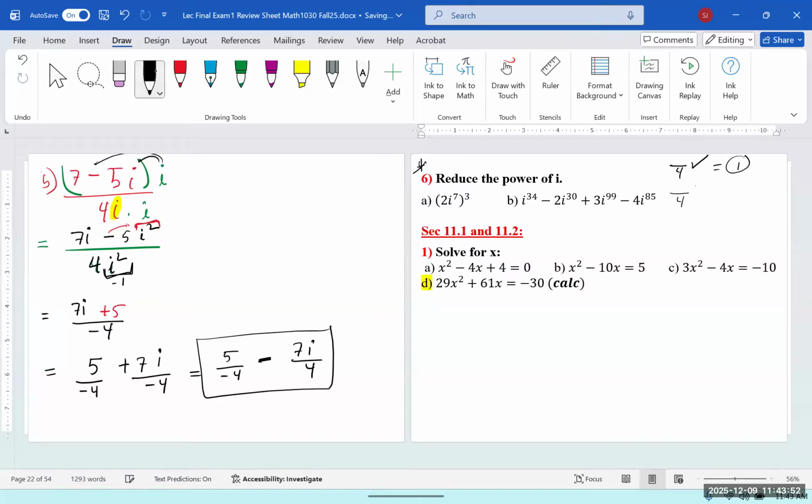But when you try to divide by 4, if it's not divisible by 4, the answer is negative 1 for an even power. So for an even power, you just go straight ahead and divide by 4. But if you don't have an even power, if you have an odd power, then first you have to split it into one power and the rest of the even power. So let me do this real quick.